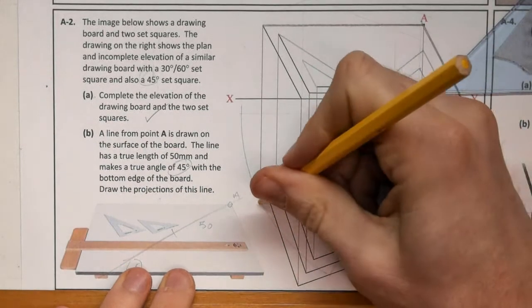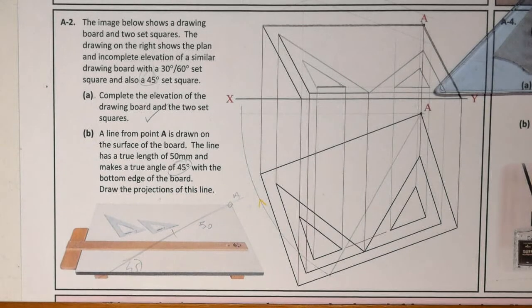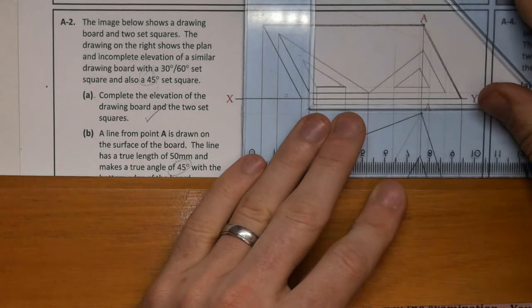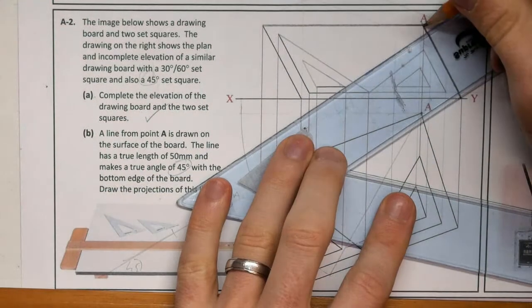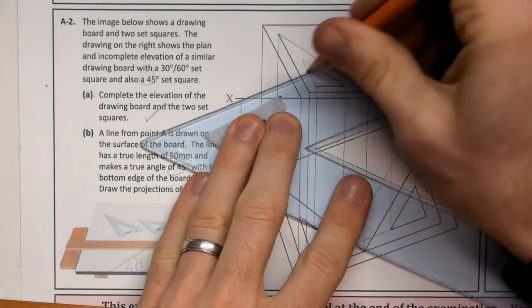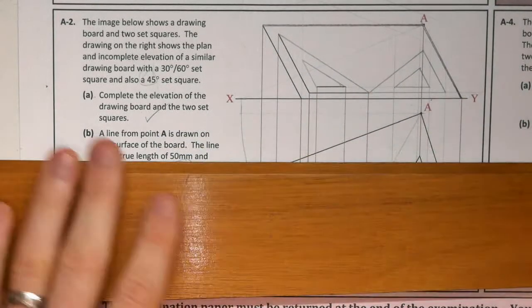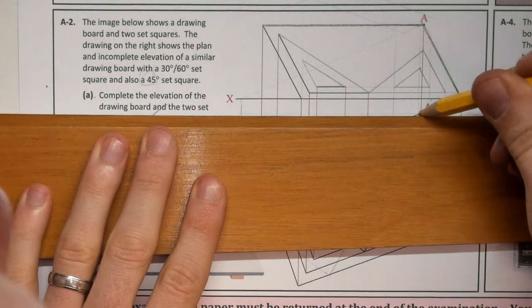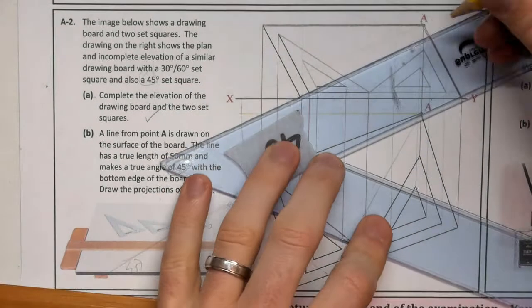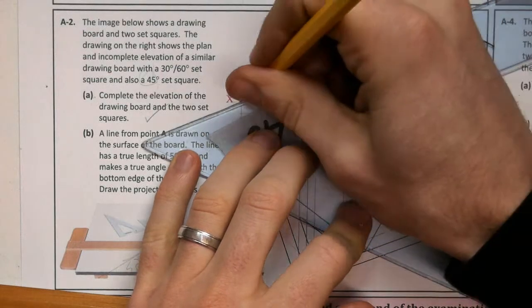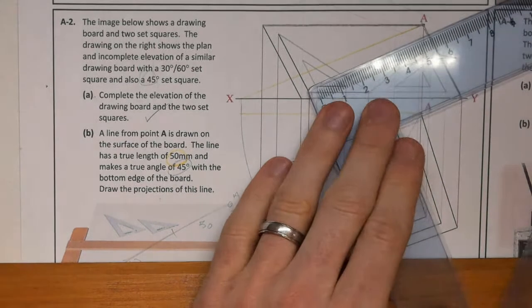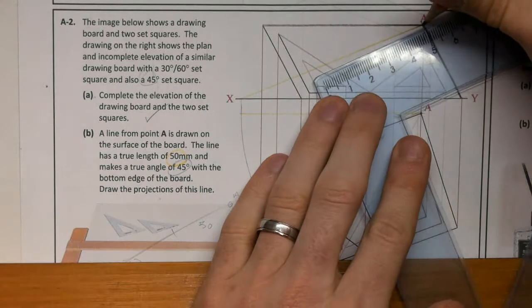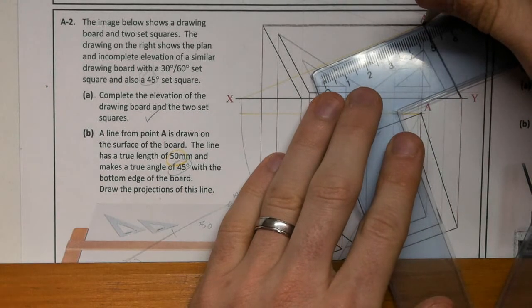I'll just indicate that's well done there, and project that up. So that line is a true length line. I'll even show it lightly in yellow. So that's a true length line. Now I can bring in my 50 millimeters. I can measure 50 mil down along that line from A.